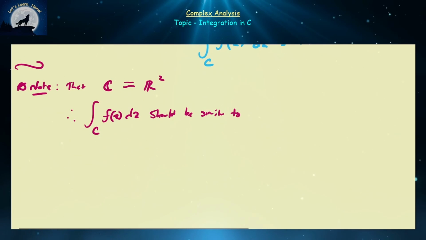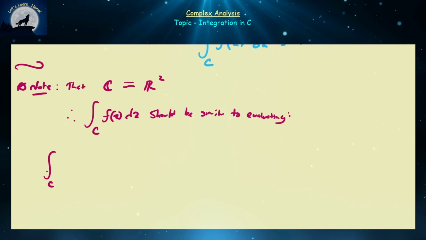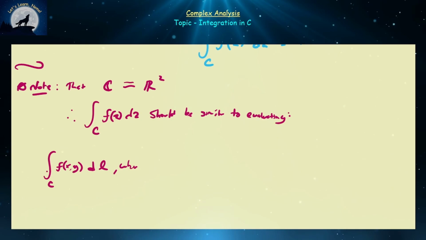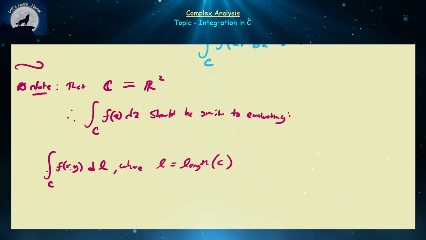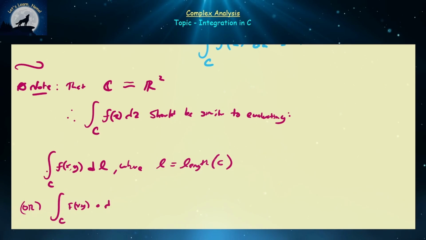It should be similar to evaluating the integral of a scalar function, f of xy, with respect to the length of that contour, where L is equal to the length of C, provided that that path is measurable, of course. Or we could say that it's equivalent to the integral over some vector field, say f of xy, dot product with du, where u is the parametrization of the path C.